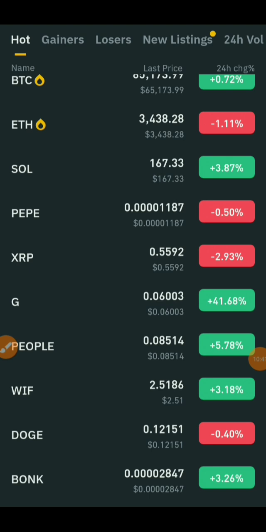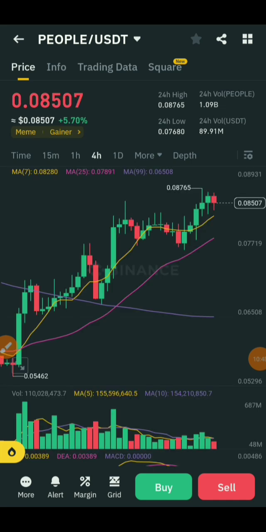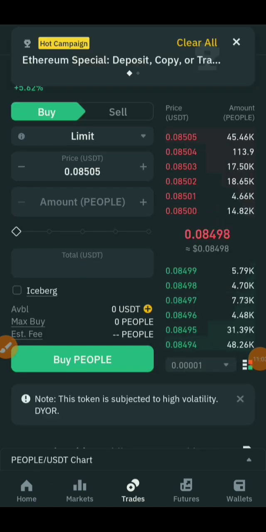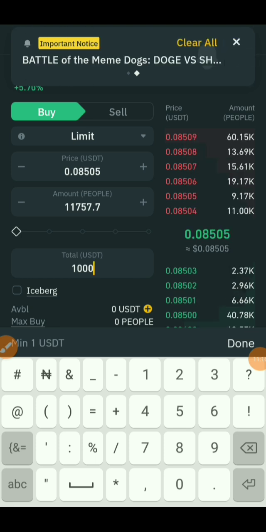So if we are to buy PEOPLE token at 0.08509 with 1000 USDT, sorry guys, if we use 1000 USDT to buy this token, we will have 11,757.7 worth of PEOPLE token at 0.08505. We will be having this with our $1,000.